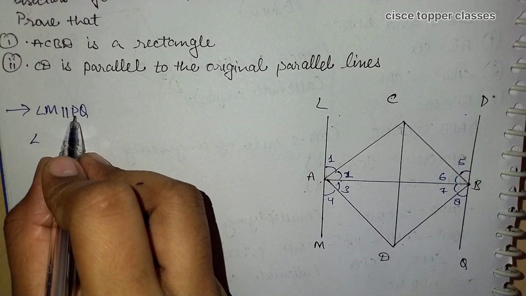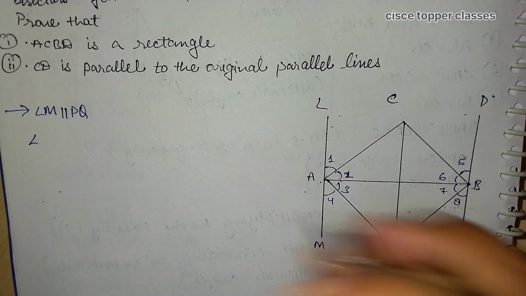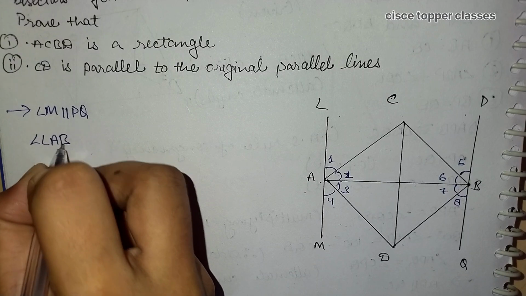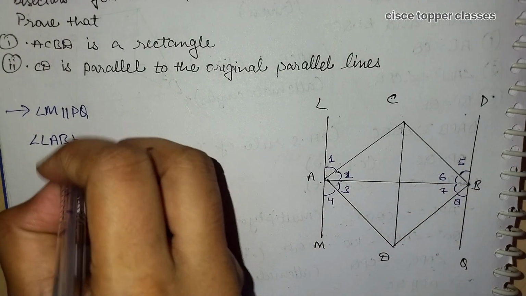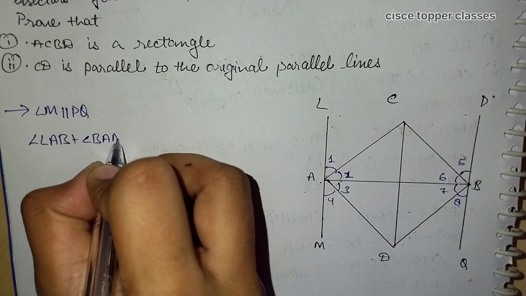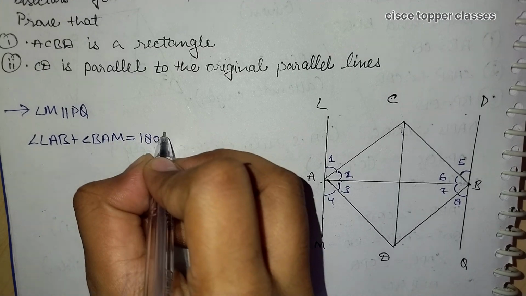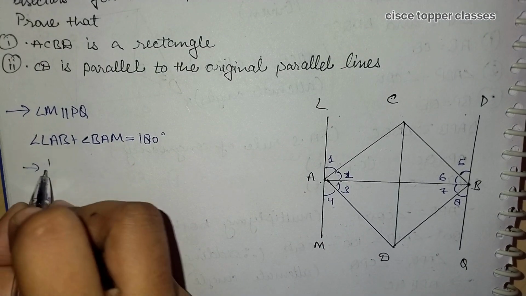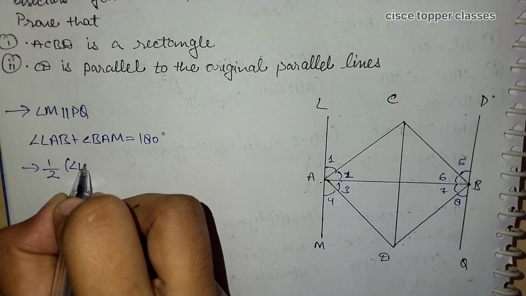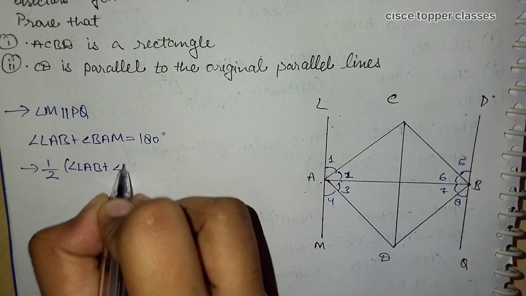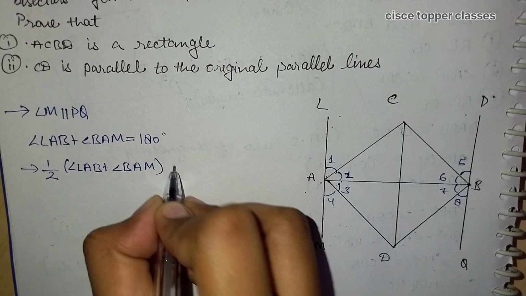So as LM is parallel to PQ, we can say that angle LAB plus angle BAM is equal to 180 degree here. Now from here we can write half of angle LAB plus angle BAM is equal to 90 degree.